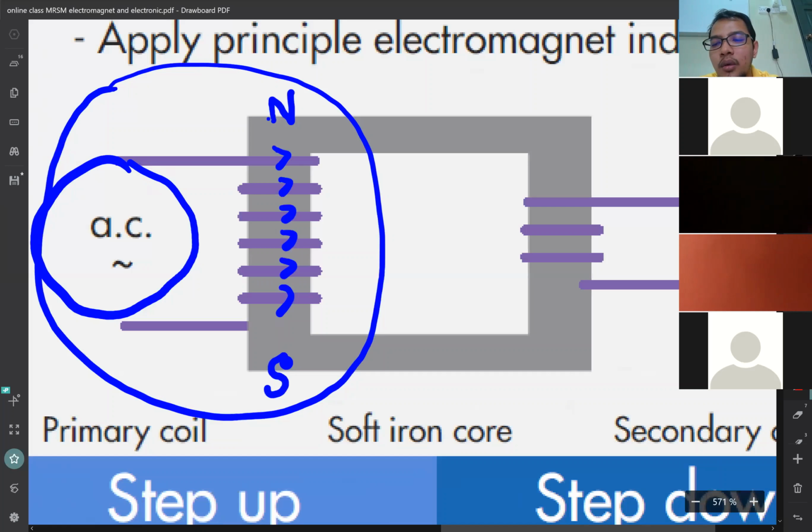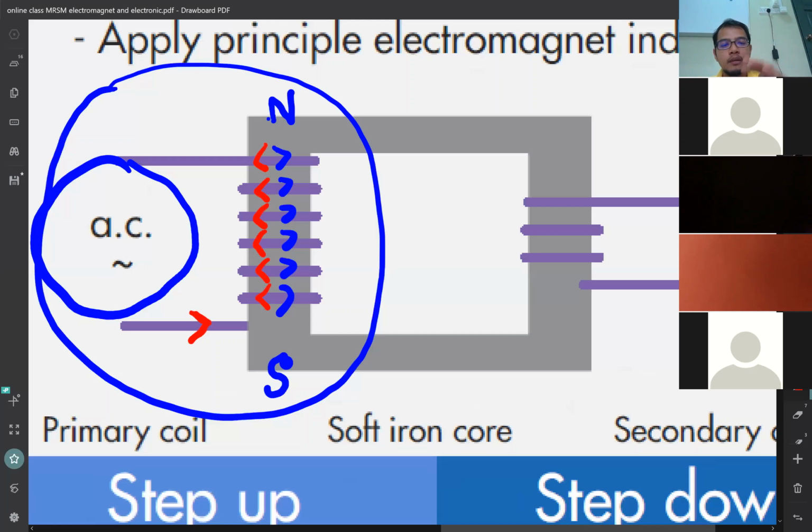When you use alternating current, it means current can flow in both directions. So current can flow from the bottom to the top. It's changing. One time current flows from the top to the bottom, then from the bottom to the top, and the top to the bottom.